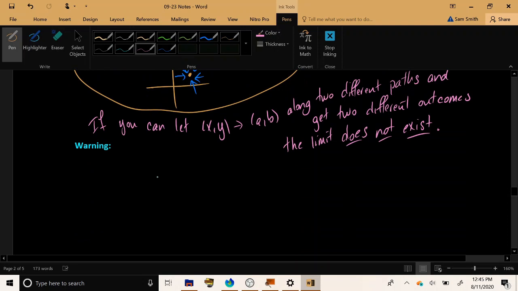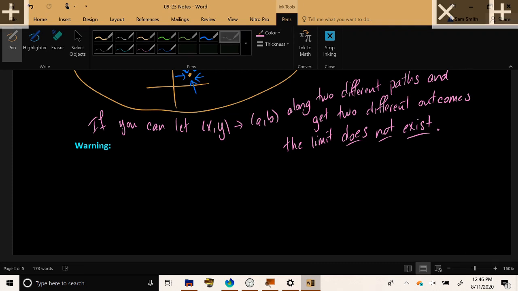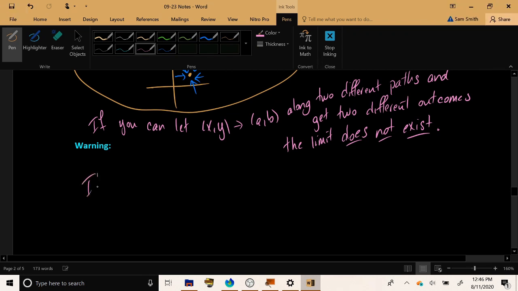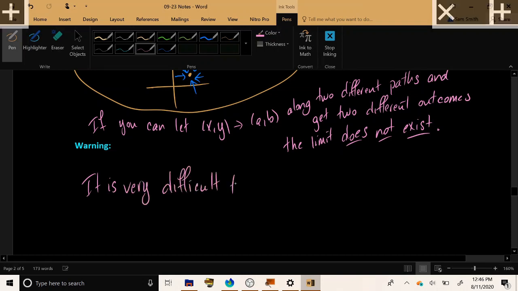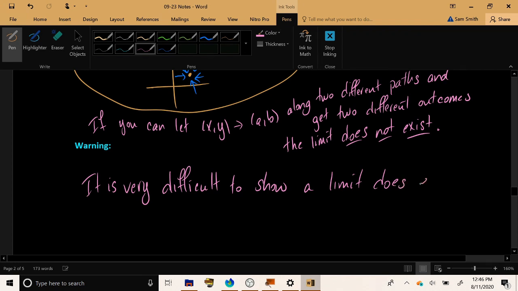Now, just as a point of warning, when it comes to limits for functions of two variables, it is very, very difficult to show that a limit actually does exist.